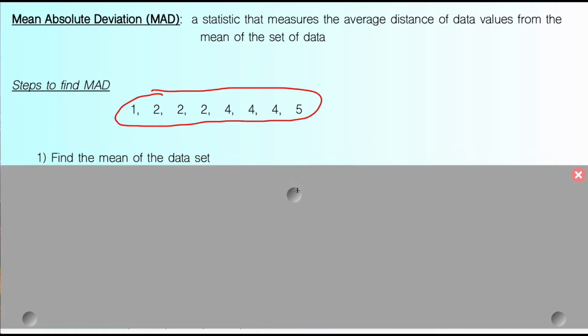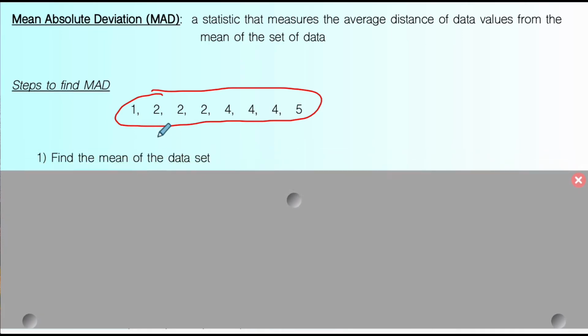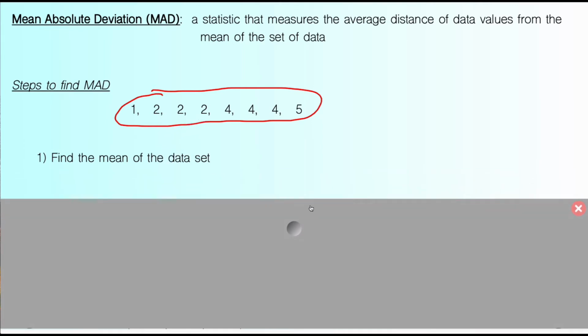So step 1, if I want to find out how far each number is from the mean, I have to find the mean first. So our first step is going to be find the mean. And I think most of you can recall, to find the mean, you simply add each number up and then divide. In this case, I'm going to divide by 8 because there are 8 numbers in the set of data.